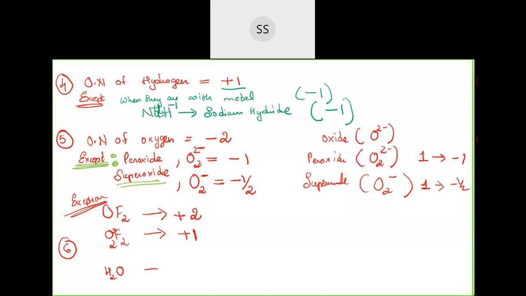You can remember that in a neutral compound, the sum of all oxidation numbers (ON) of all atoms will be equal to 0.